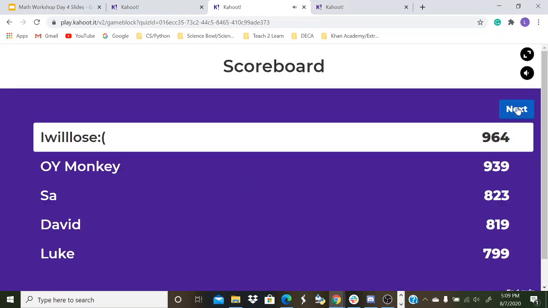Wait, why is it 13 though? What did you get? I got 11 for some reason. You might have made a small mistake, but I think it was the number of terms, right? Yes. It's the last number, which I think was like 50 something, minus the first number.